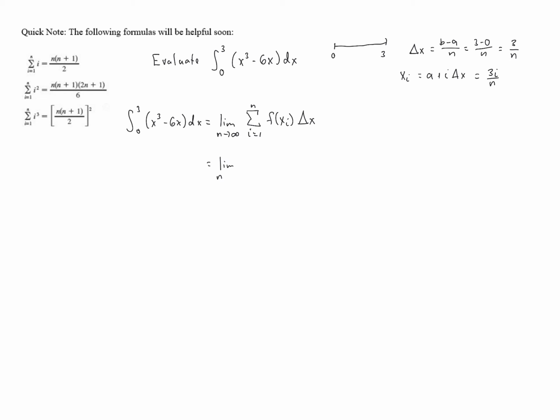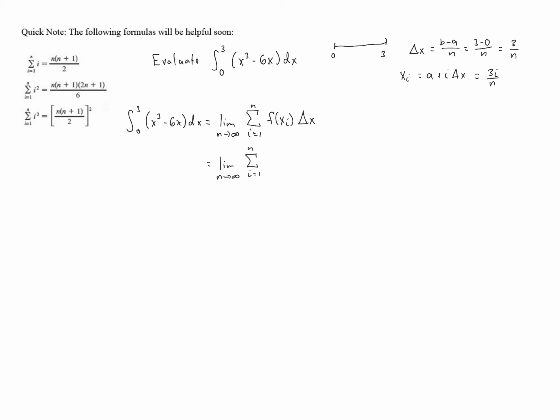We've got the limit as n approaches infinity of the sum as i ranges from 1 to n of... Now we have to look at our function and evaluate it at x sub i. The function is x cubed minus 6x. And this is our expression for x sub i, 3i over n.